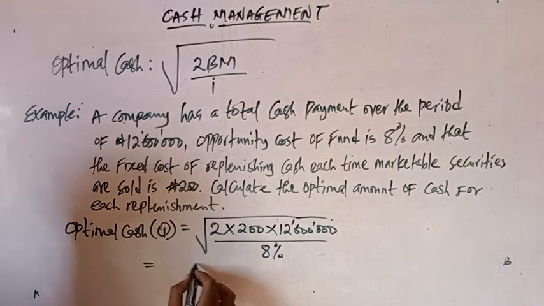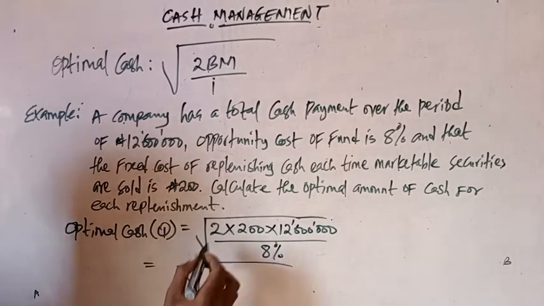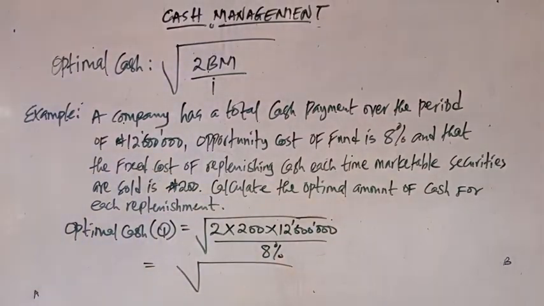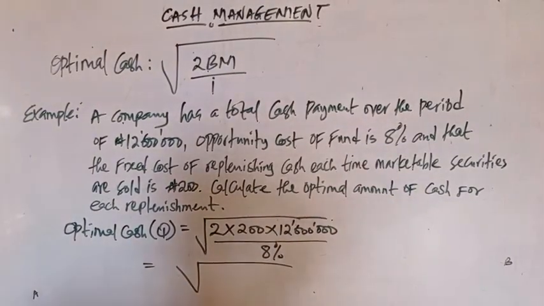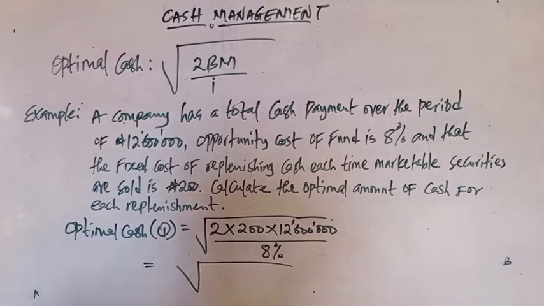Is equal to, let's multiply. Let's work it out. 2 times 200 multiplied by 12.6.